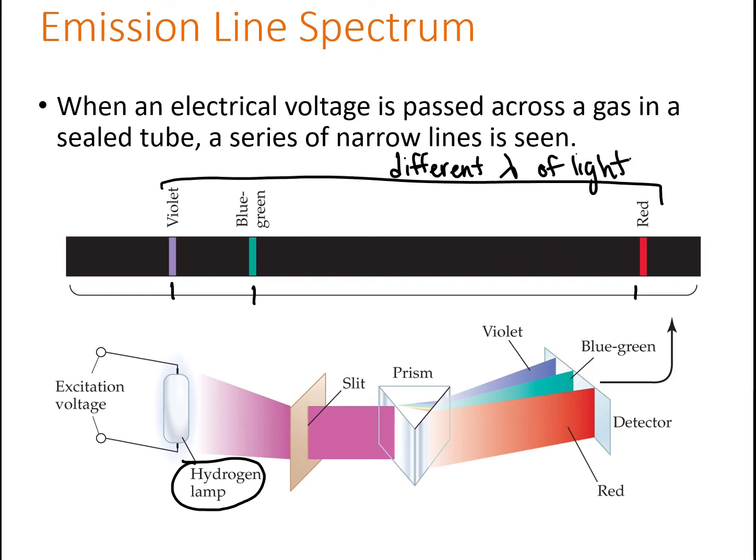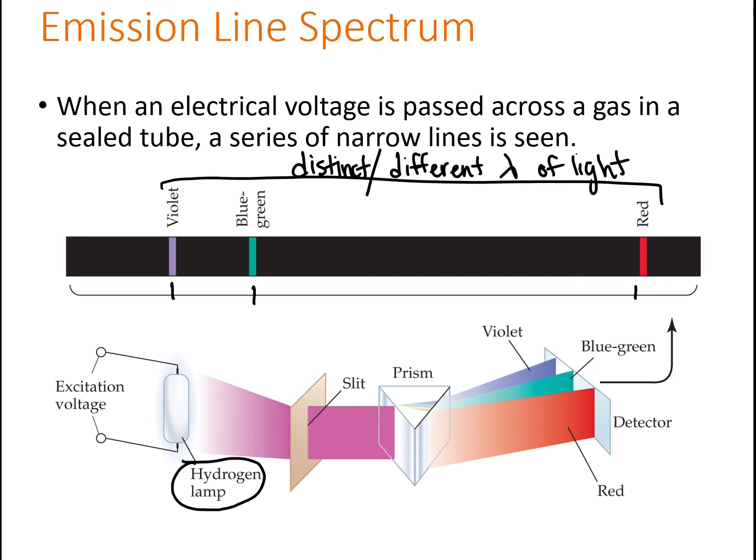And you don't see a smear of colors. You see distinct bands. That means you're only getting certain amounts of energy being released when these excited electrons return to their ground state. So that supports the idea that there are energy levels and there's nothing in between them. If you're in n equals 1, you need a certain amount to get to n equals 2.